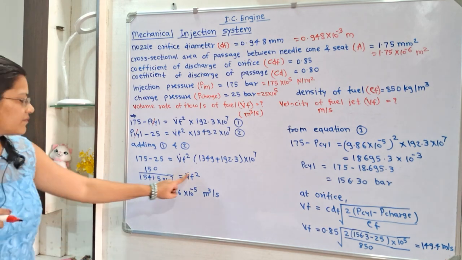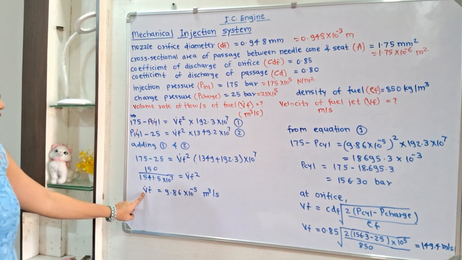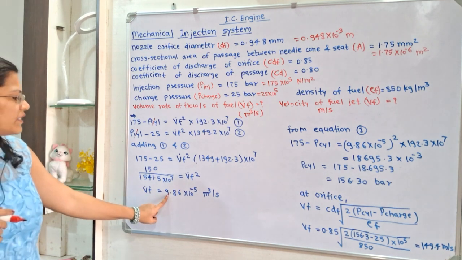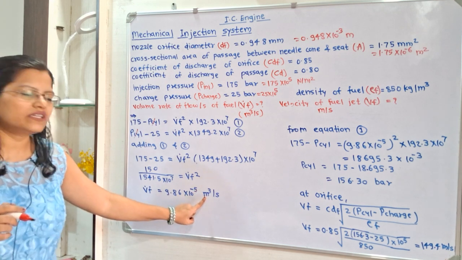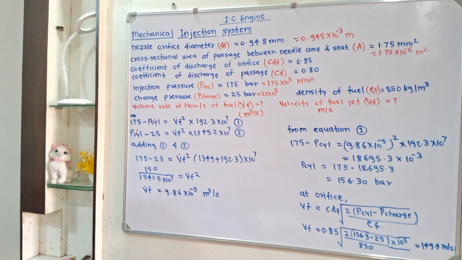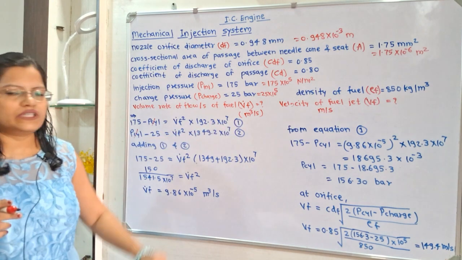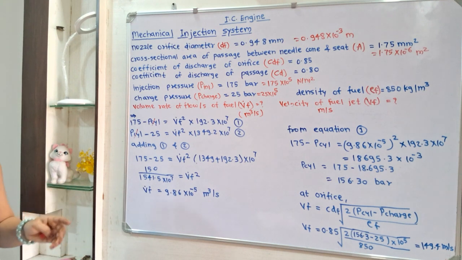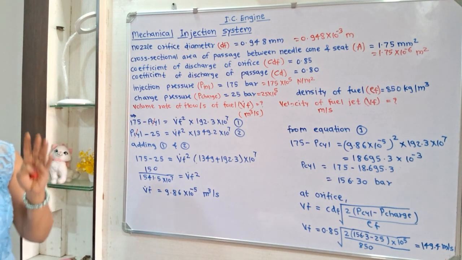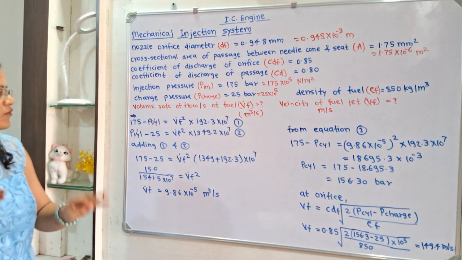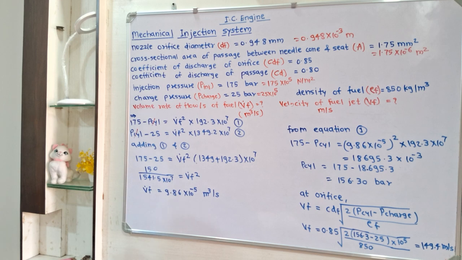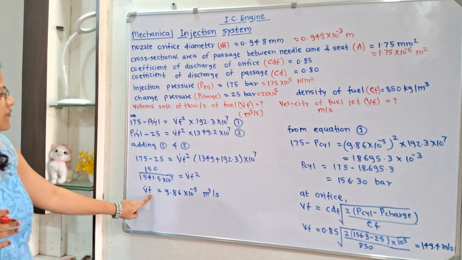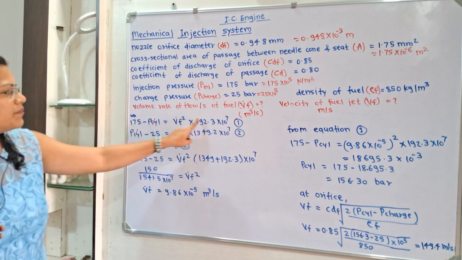So we will take the square root on both sides. So V dot F is equal to 9.86 into 10 raised to minus 5, and the unit is meter cube per second. This is the standard unit. Now to find out the velocity of the fuel jet, that is Vf, we have to first find out the value of P cylinder. So how to find it? We will put this V dot F in equation number 1.